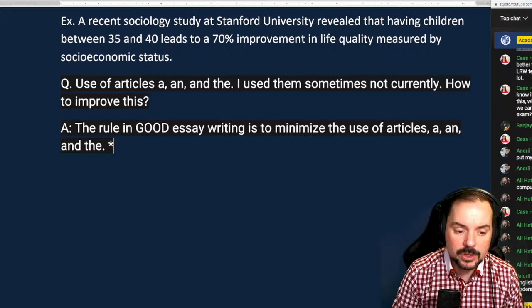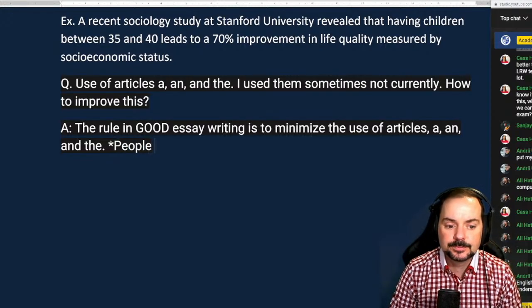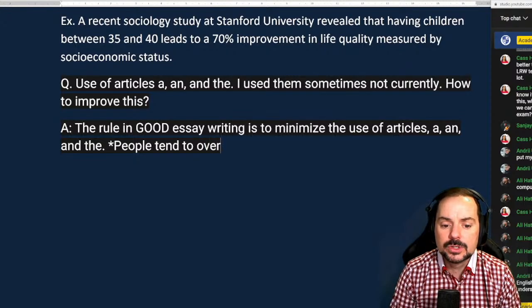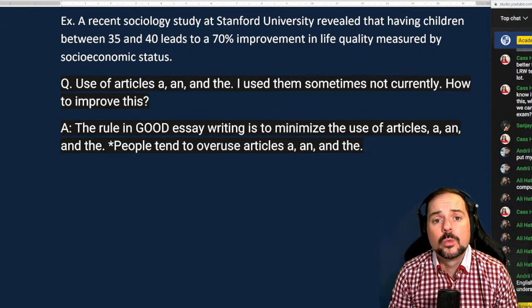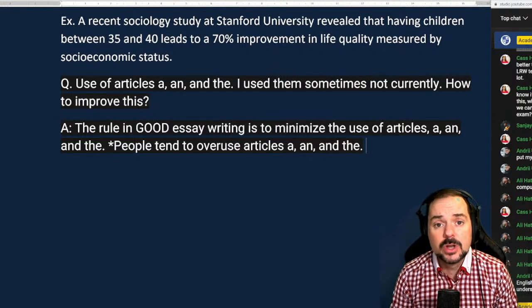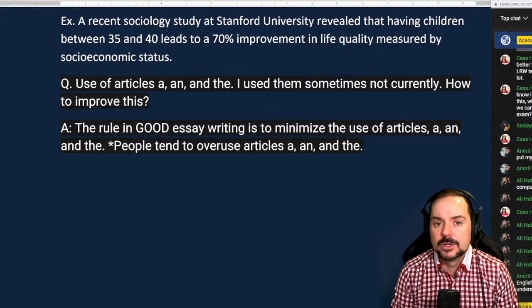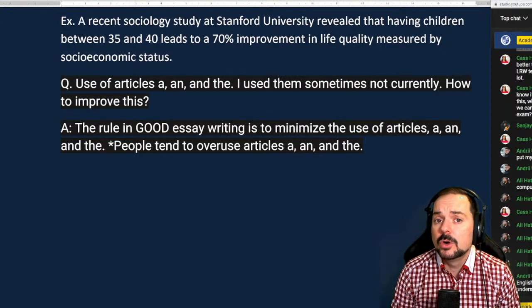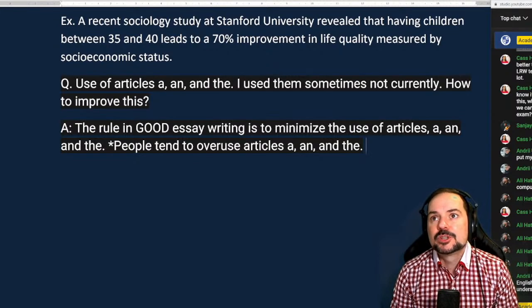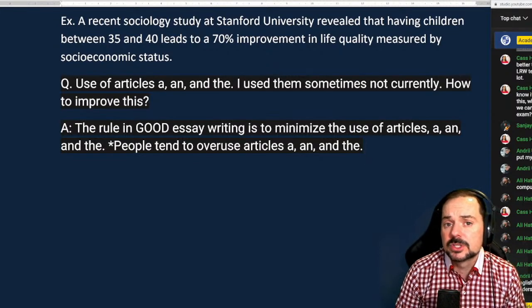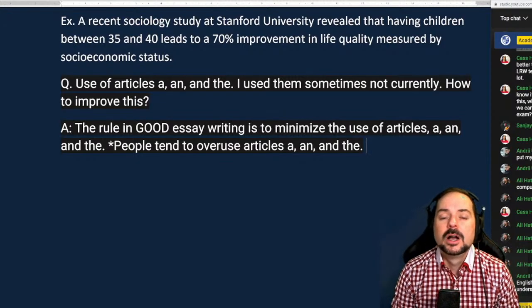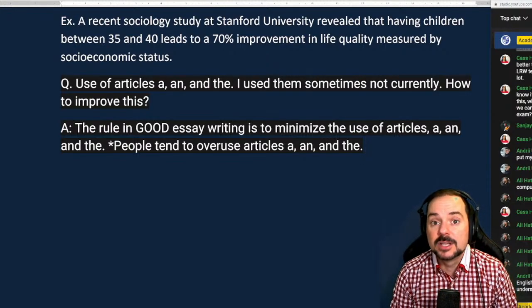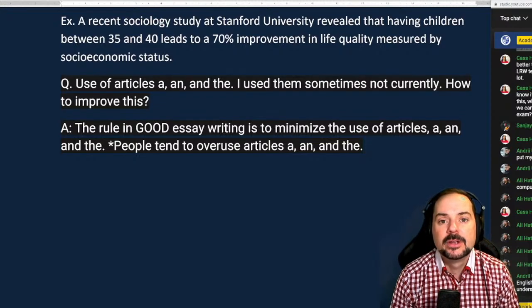People do tend to overuse articles, especially the, Audrey. And it's tricky sometimes to know when you can eliminate these articles and not use them. There's no perfect approach because we use these articles to emphasize words as well. Like, the day I went to school was especially unique because of the people that were there.